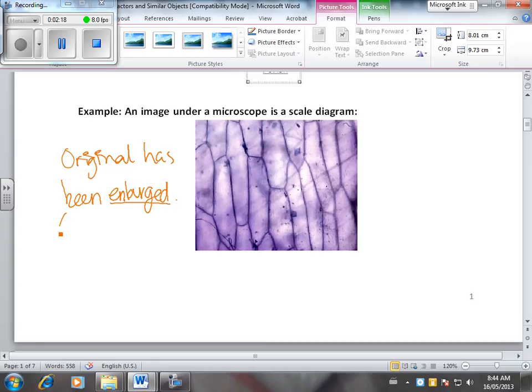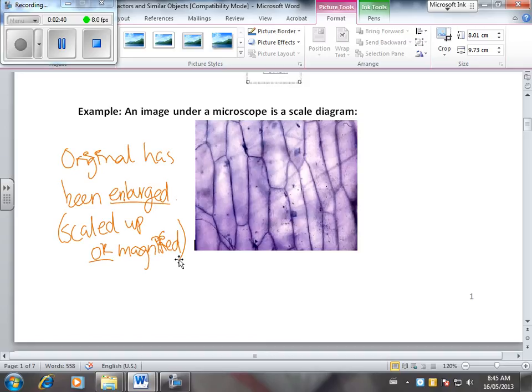And so we say that this is either scaled up, or more commonly, we'll say that this has been magnified. Okay, like a magnifying glass magnifies an image, so magnifying makes it larger.